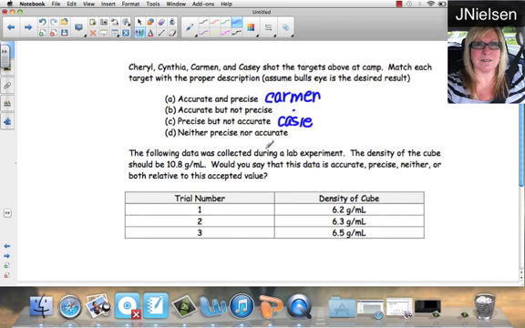Neither precise nor accurate, we said was Cheryl. And they're saying, I don't know if I agree with that, but Cynthia was accurate because she was close to the desired area, but not precise. She couldn't repeat her results.